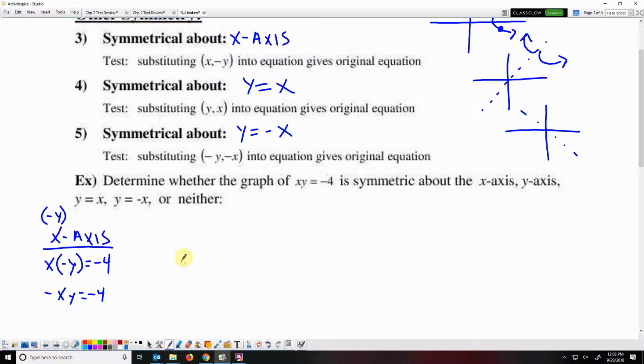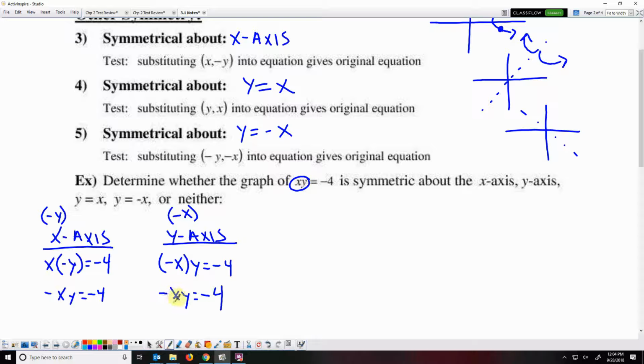How about symmetry about the y-axis? If there's symmetry about the y-axis, then every x that exists, its opposite will also exist. So I'm going to change all of my x's to the opposite sign. So I have an x here that's positive. I'm going to change that to a negative x and see if I can simplify it to match the original equation. Okay, so I get negative xy when I multiply, equals negative 4. By the way, if I want to make this a positive, I can, to make it match that original.